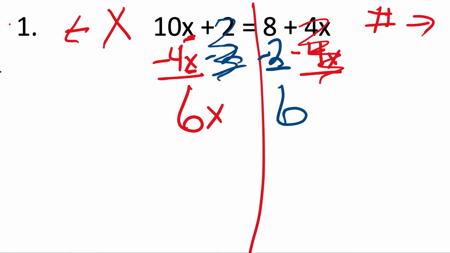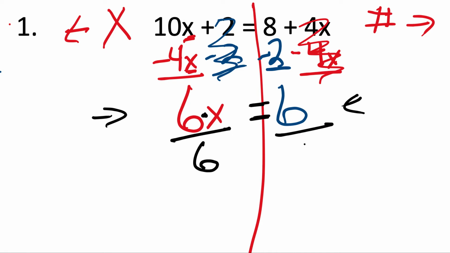Now we are back to what we did last week. I basically have this new simplified, smaller equation: 6x equals 6. I combined my like terms. When a number and a letter are connected, that means they're being multiplied. Opposite of multiply is divide.